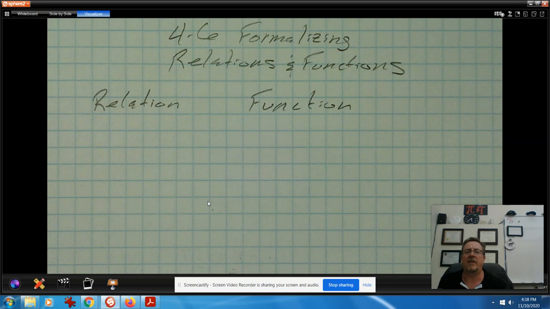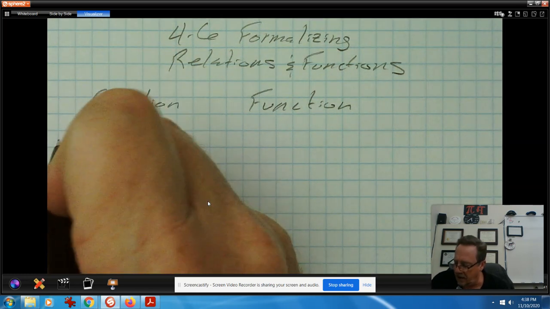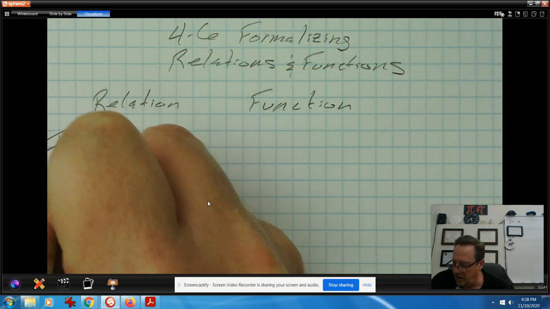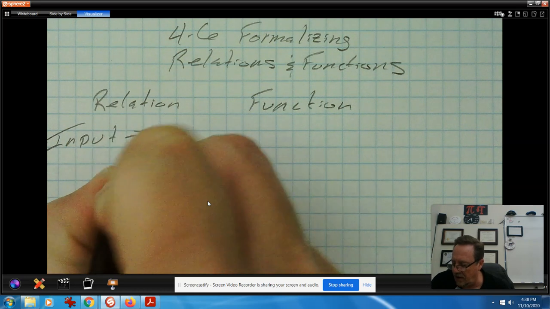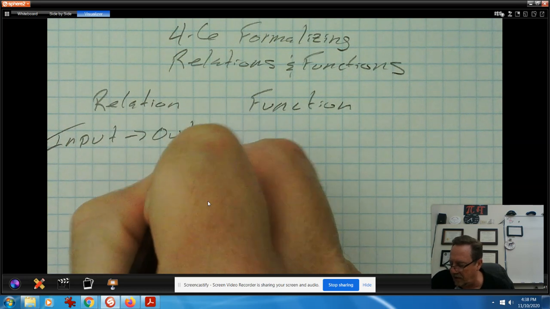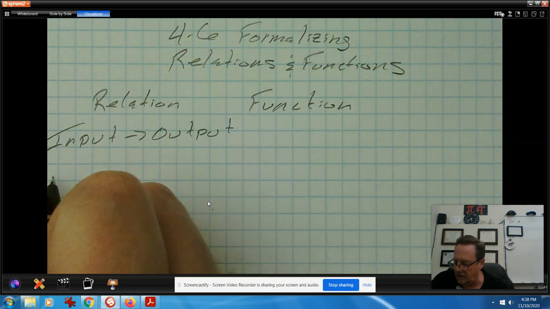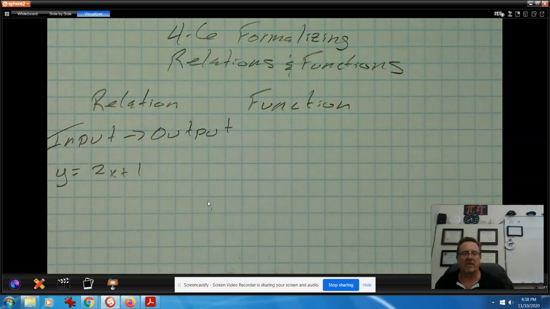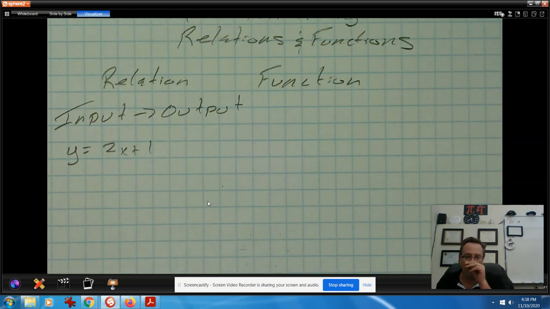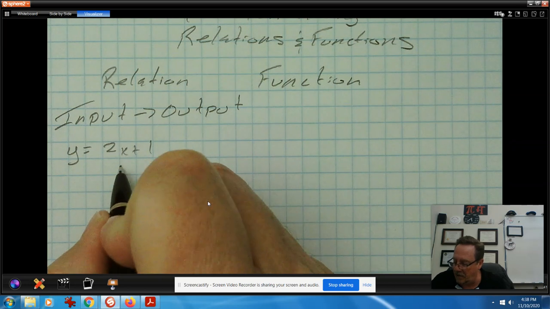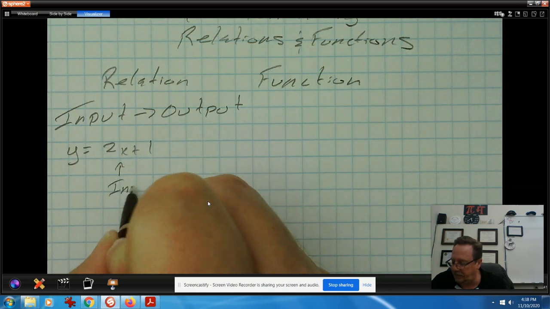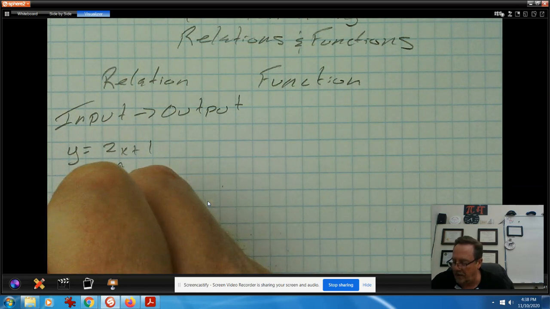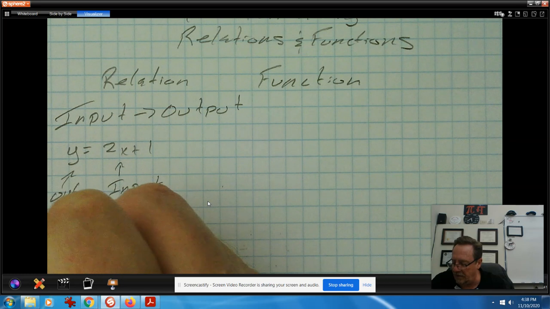In math, a relation is a pairing of an input to an output. We do this all the time. We have something like y is equal to 2x plus 1, and so what we really say is that x is our input value and y is our output value.